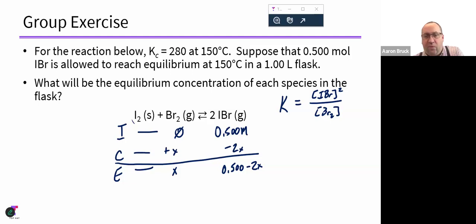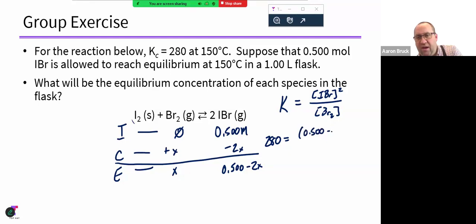And now we go about the business of starting to put this together. So K is equal to 280, the IBr concentration, 0.5 minus 2x quantity squared, and x in that denominator.